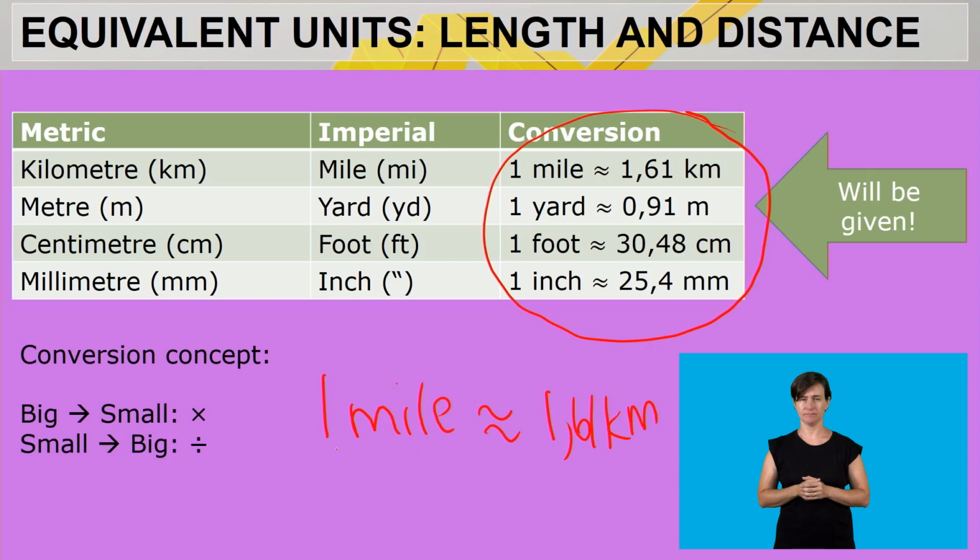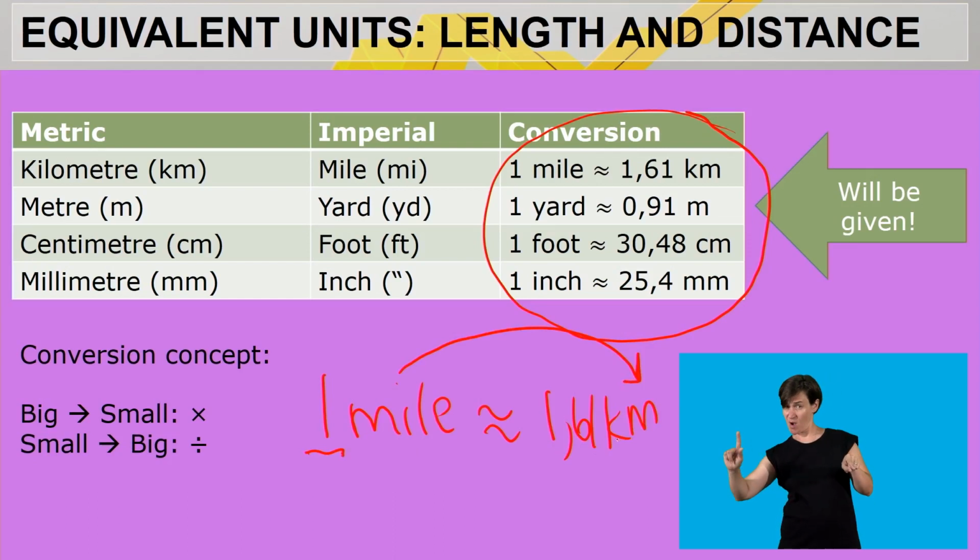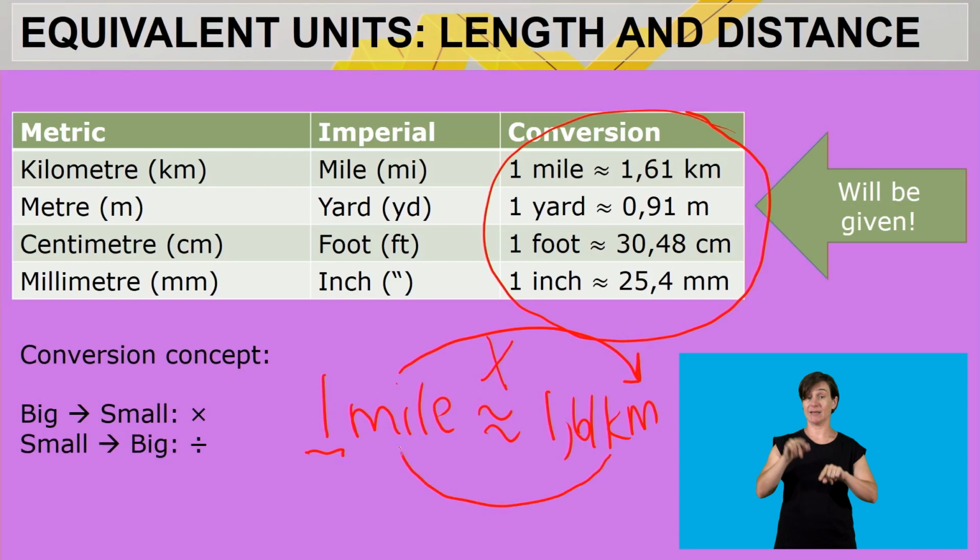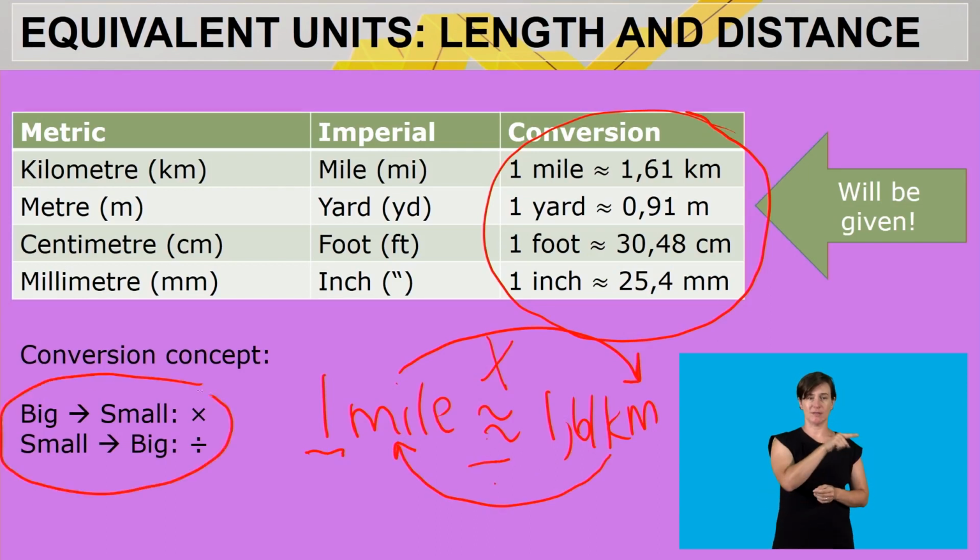Now, when I go from mile to kilometers, I can see that 1 mile is 1.61 kilometers, meaning the kilometers looks longer. So if I go from miles to kilometers, I am going to multiply. And then from kilometers down to the miles, from 1.61 to 1 mile, there I'm going to divide. And this is the conversion concept, where you need to know when to times and when to divide.